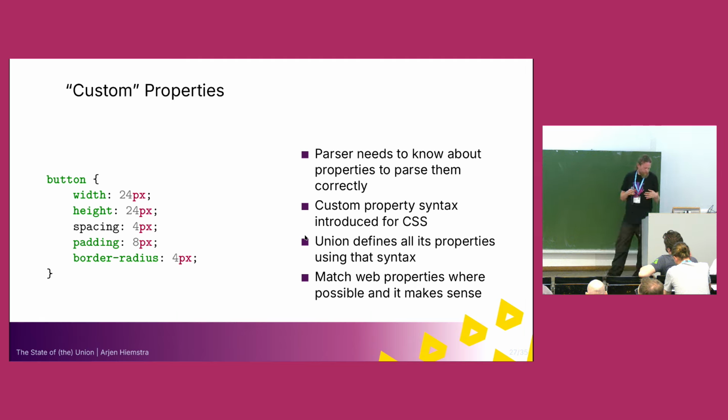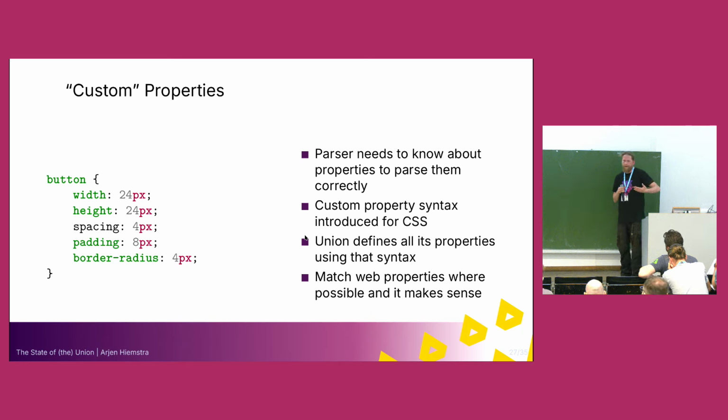And luckily, modern CSS, I think it's very modern, I don't even know if it's an official standard yet, does have a syntax for declaring properties. And I realized that I could just use this same syntax to declare all the properties that Union would need.